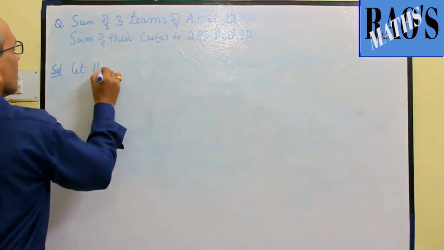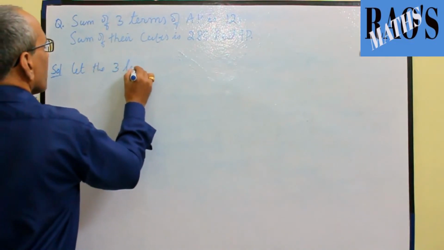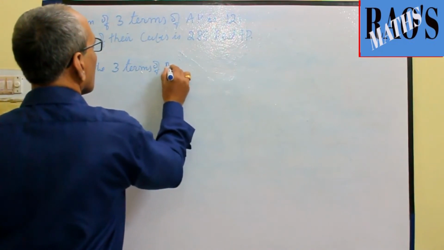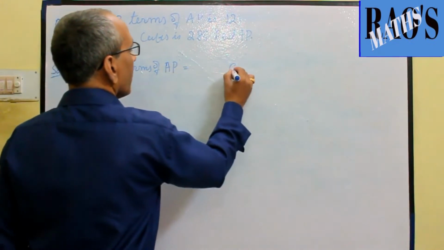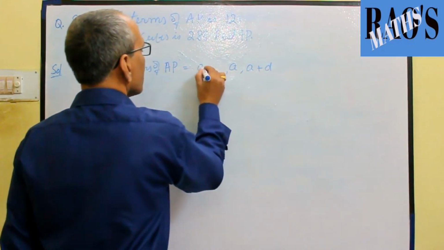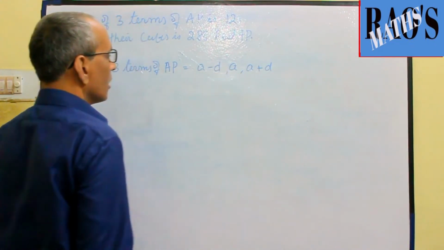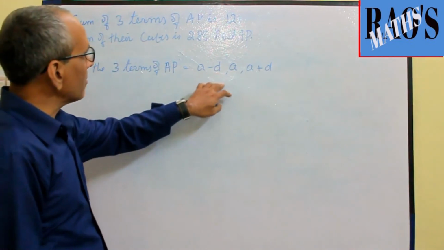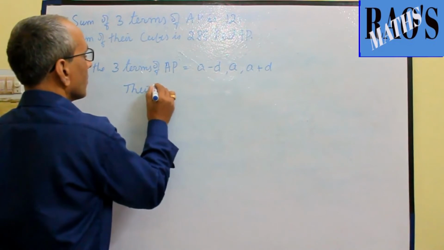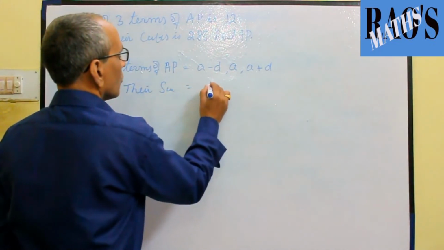Let the three terms of the AP be A minus D, A, and A plus D. We have the sum of these three terms, that is 12. Their sum is equal to 12.